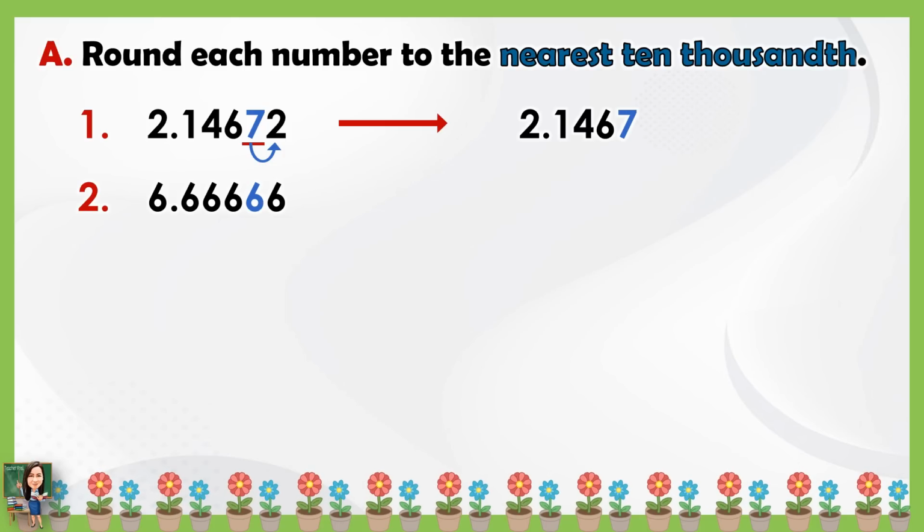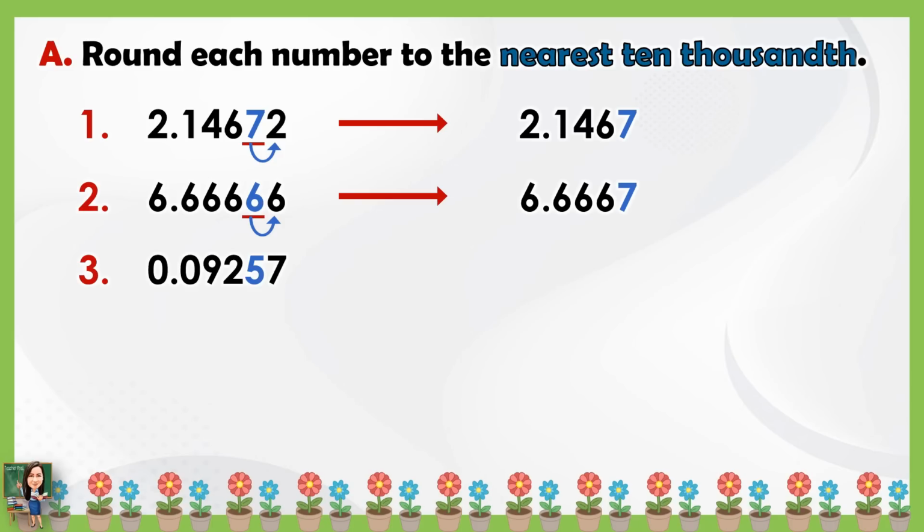Number 2, the given is 6 and 66,666 hundredths. The number in the nearest 10,000ths place is 6. The digit to the right of the rounding place is 6. 6 is greater than 5. That means we are going to add 1 to the rounding place. 6 becomes 7. So the answer is 6 and 6,667 10,000ths.